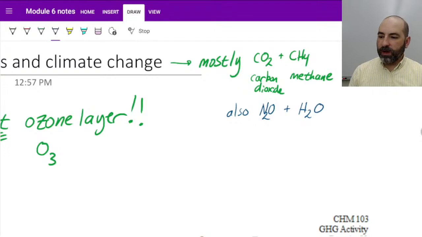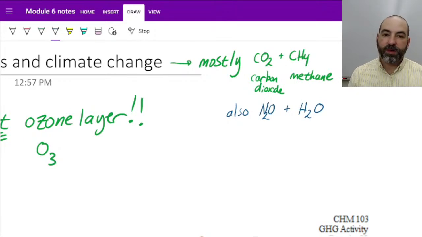Those two are not quite as important in terms of what they are doing to our climate as carbon dioxide and methane. Carbon dioxide is primarily emitted as a result of burning fuels, burning hydrocarbons. Methane is the biggest component of natural gas, so gas mining and things like that releases methane.